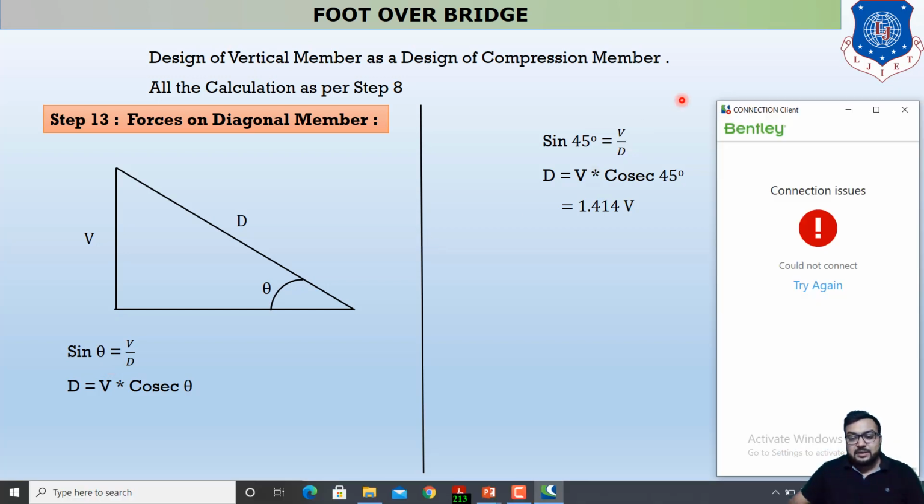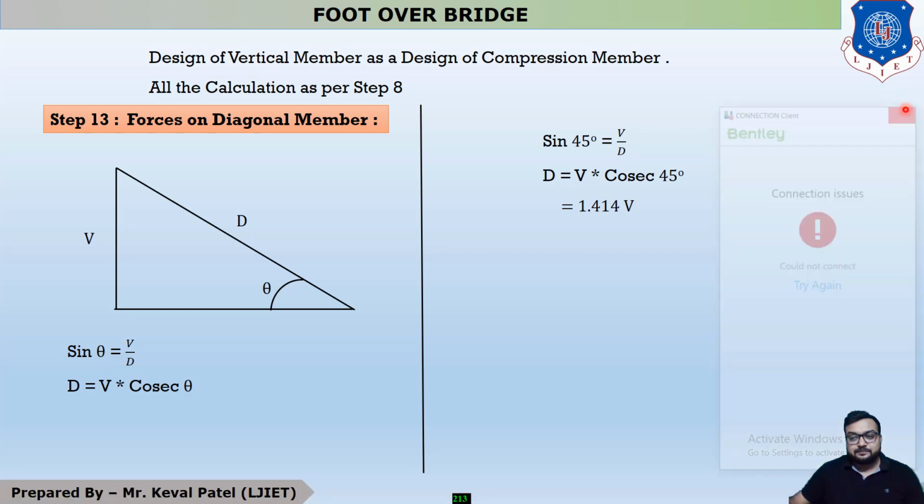Now this is your step number 13, and in this step you have to find the forces of the diagonal members. So you have to make D the subject.